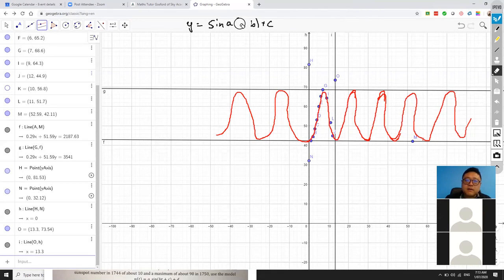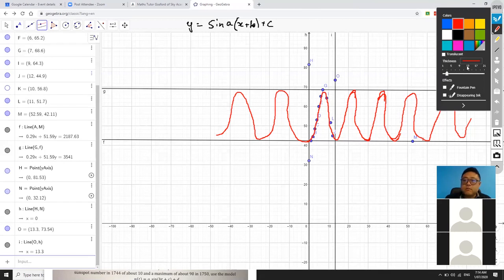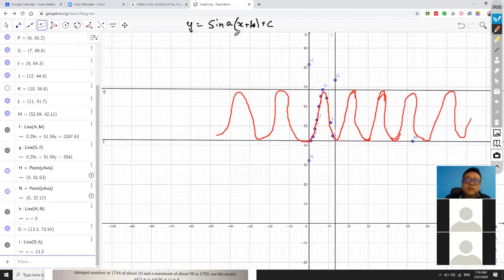I'm just checking. A plus? Okay, cool. Now, do you remember what each of these stands for? Yes. So a stands for the amplitude.